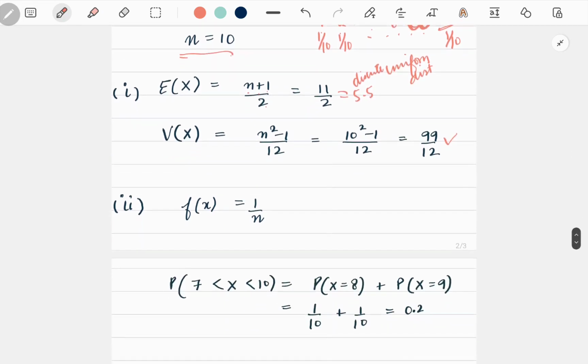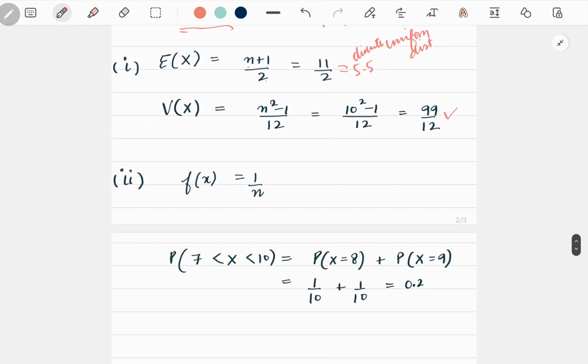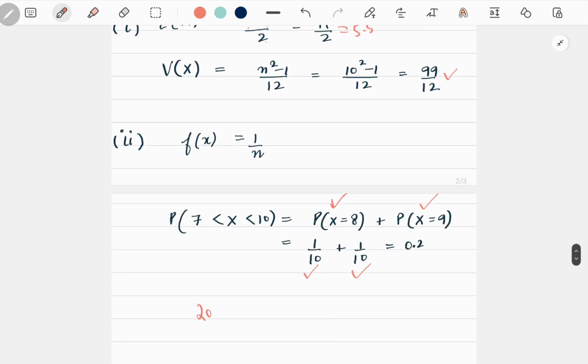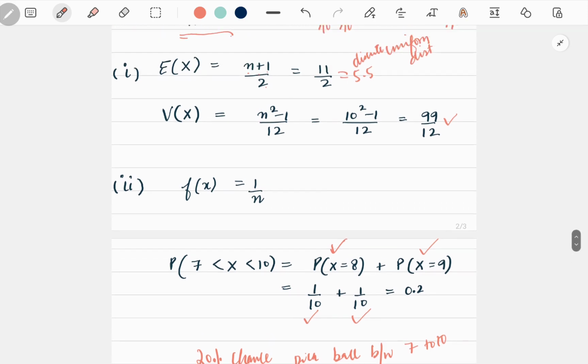Since we have defined our probability function, we know the probability of picking the 8th ball is 1 by 10, and the probability of picking the 9th ball is 1 by 10. So the probability comes out to be 0.2. So we say that there is a 20% chance that you will pick a ball between 7 and 10.